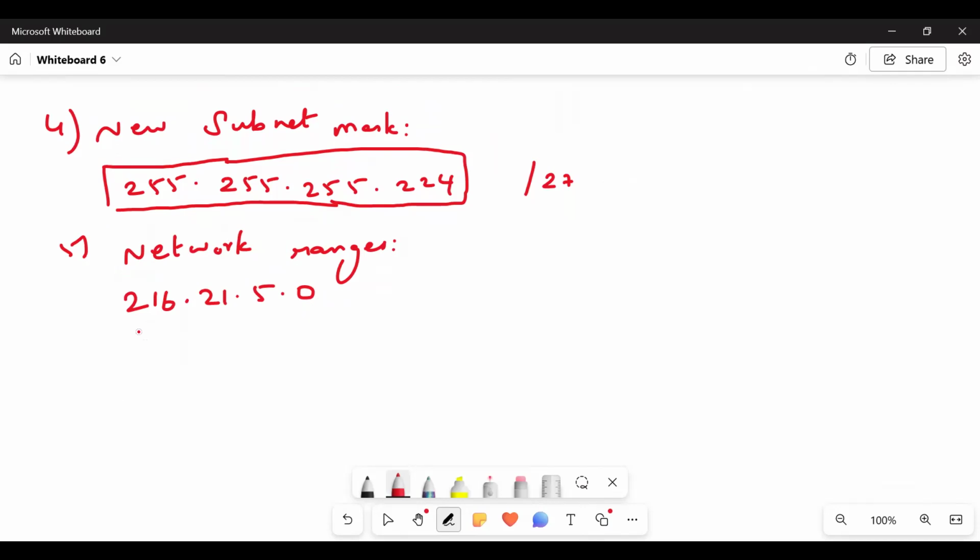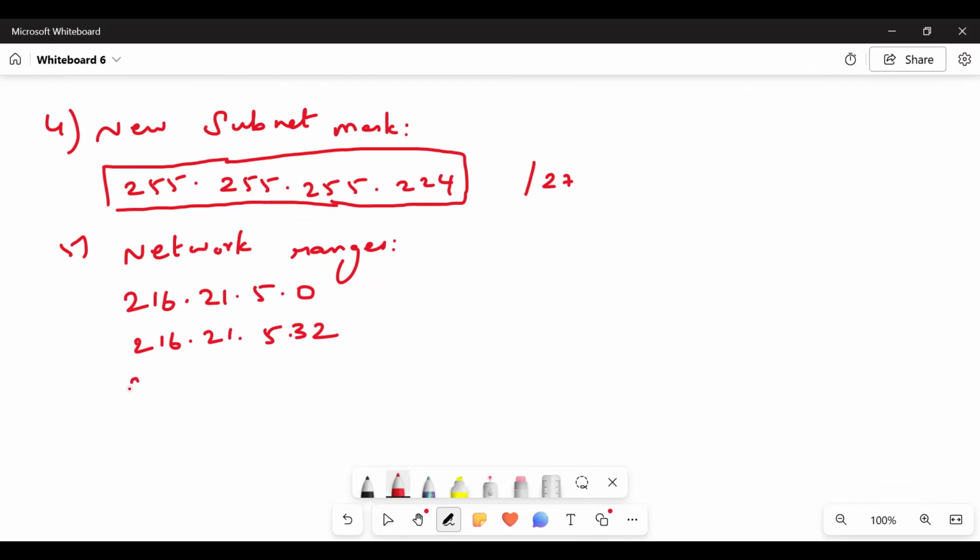Our subnet generator is 32, so we need to subnet the given network 32 by 32: 0 to 31, 32 to 63, like that. So this is the first one. Next subnet is 216.21.5.32, because our subnet generator is 32.